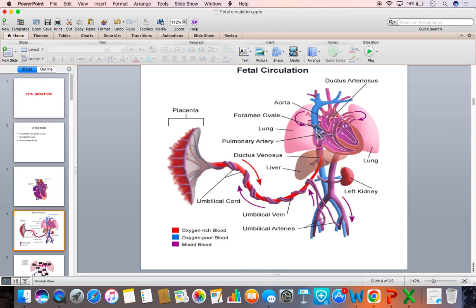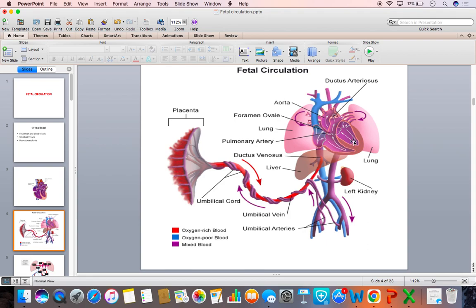So right atrium empties a part of its blood into the left atrium through foramen ovale and a part of its content into the right ventricle.